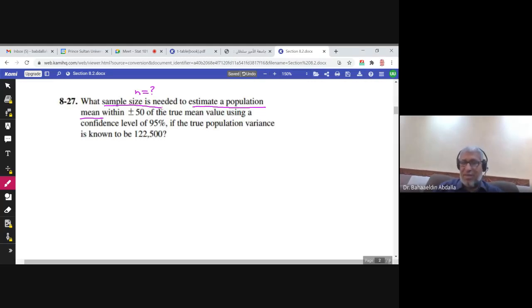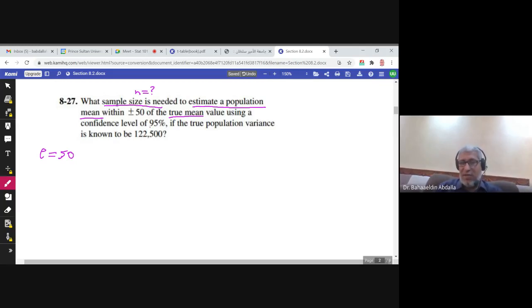So here, sample size when we estimate the population mean, which is mu, within plus or minus 50 of the true mean. The true mean is mu. So you need to be within plus or minus 50. So you need the error to be less than or equal to 50. So the maximum error we could accept is 50 of the true mean.